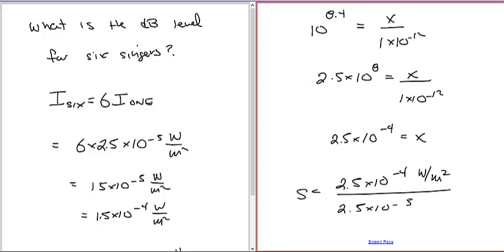Interesting. It just came out just right: 10. Now, if this number had been 9.5, then 9 would not be loud enough, so you'd have to round up. So you're always going to round up here.